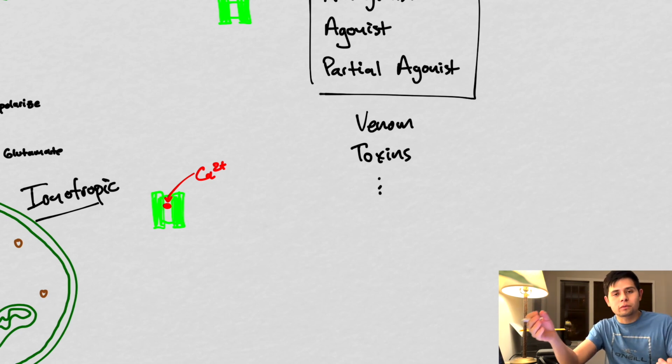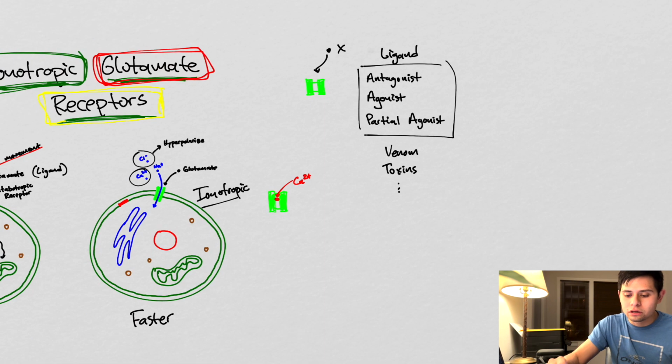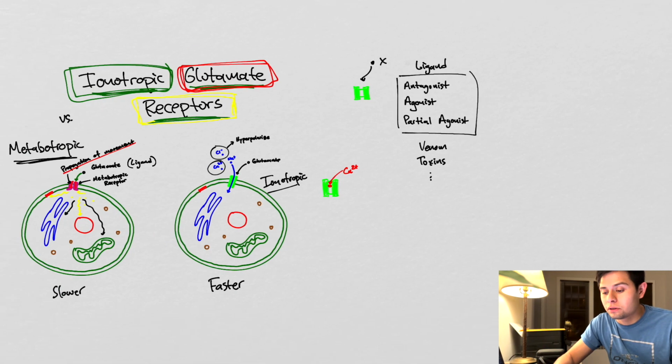This is essentially what pharmacology is, right? Pharmacology is looking at the function of these receptors in the presence of different types of chemicals and understanding what the effect is of each ligand or each chemical on these different types of proteins, right? That's pharmacology in a nutshell.